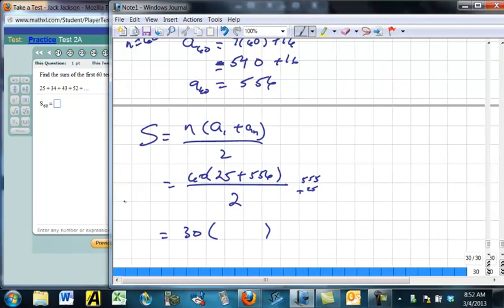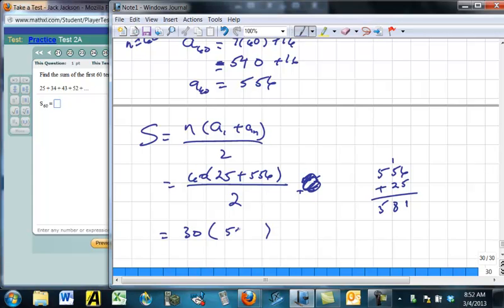Let me scoot over here. 556 plus 25, 581 times 30. 17430.